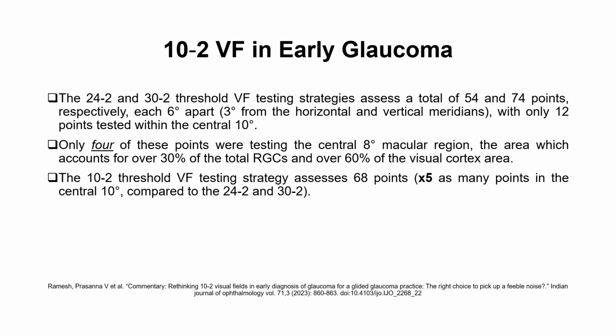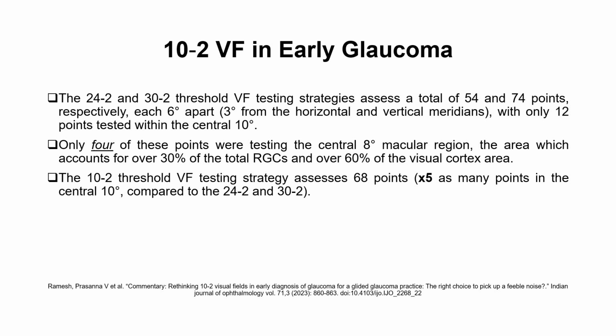And why is that? Because the 24-2 and 30-2 threshold visual field testing strategies assess a total of around 54 and 74 points respectively. So the 24-2 test pattern assesses around 54 points, and the 30-2 visual field testing pattern around 74 points, and each one is 6 degrees apart, 3 degrees from the horizontal and 3 degrees from the vertical meridian.